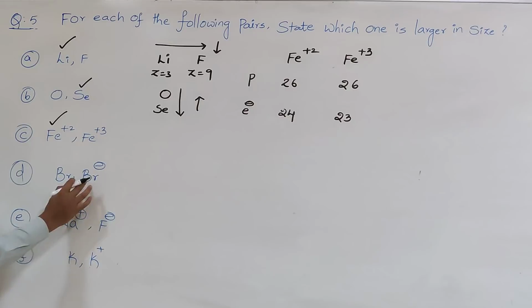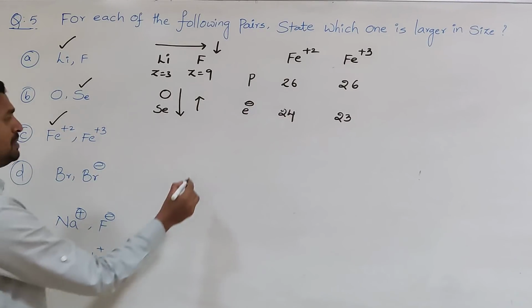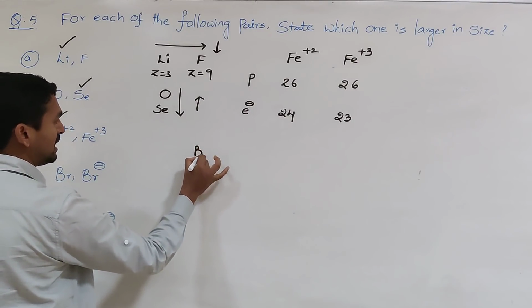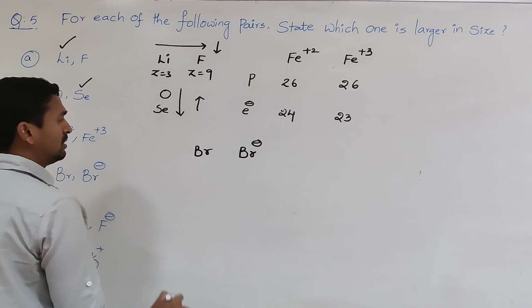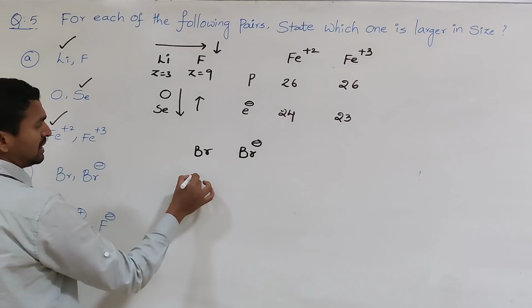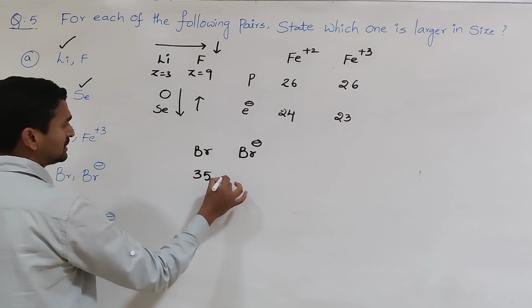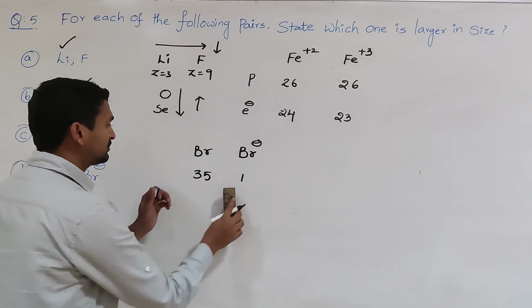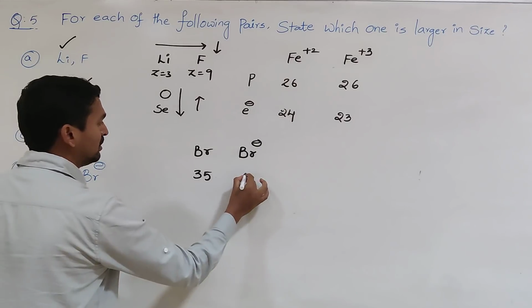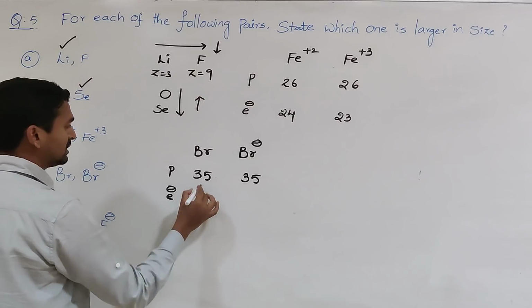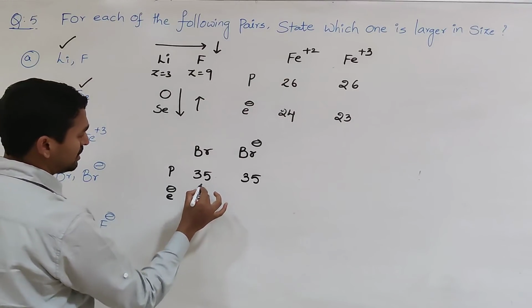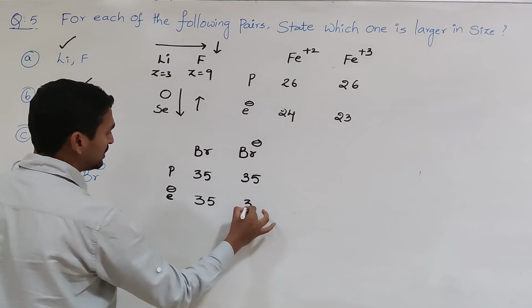Next, bromine and bromide ion, Br and Br minus. We said this very clearly in the ionic radii explanation. The atomic number of bromine is 35, so 35 protons are present, and here also 35 protons are present. But the number of electrons is 35 here, but 36 here.